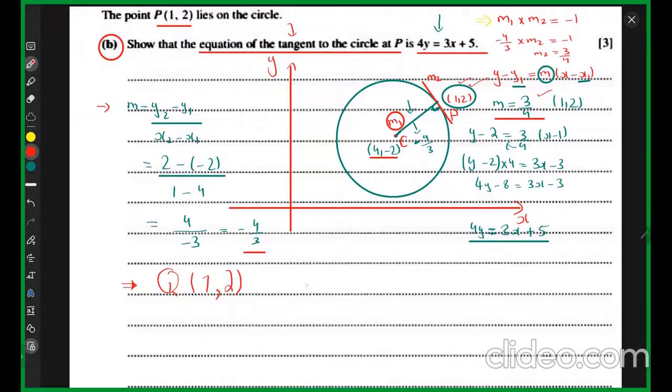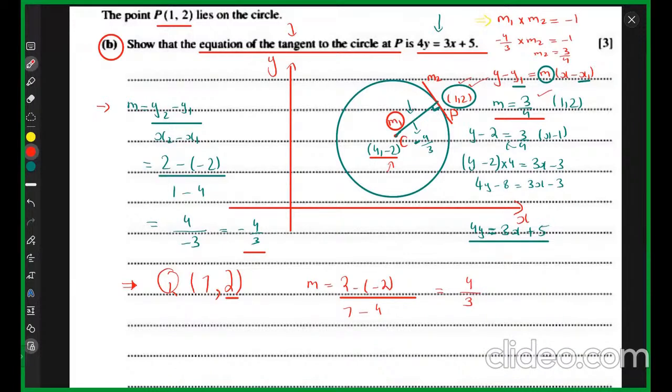So m equals y2 minus y1 divided by x2 minus x1, and this would give me 4 divided by 3. 4 divided by 3 is basically the gradient of the perpendicular line.